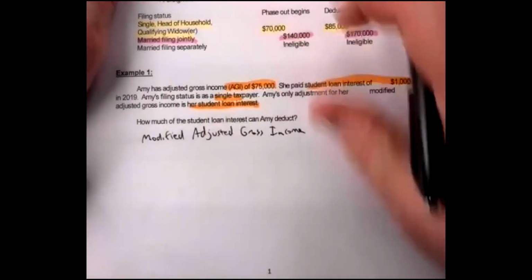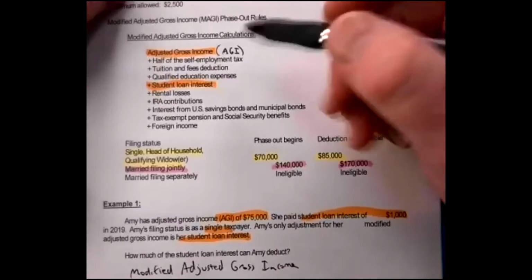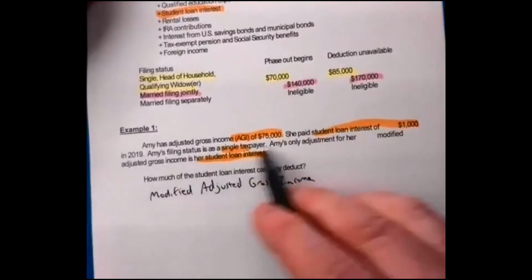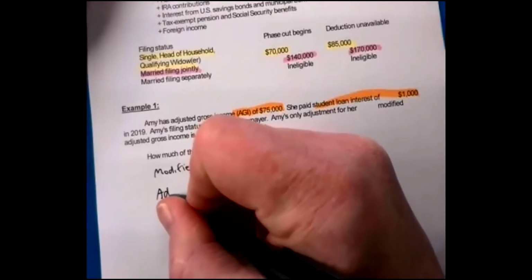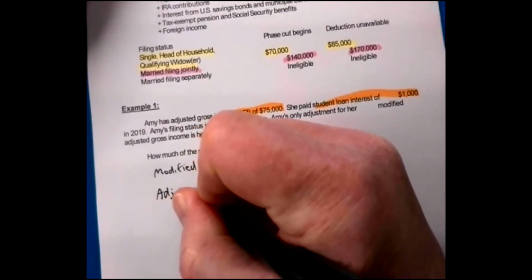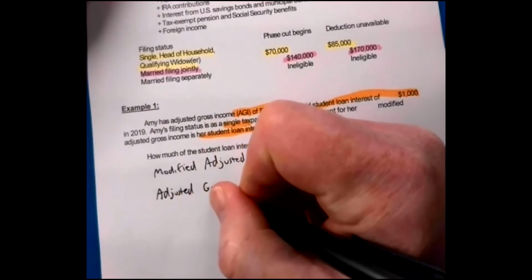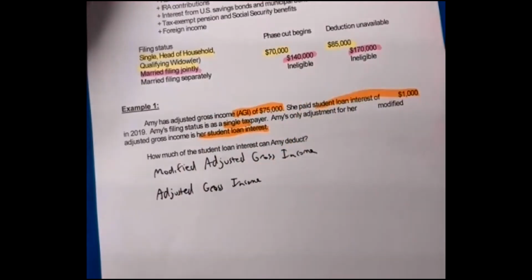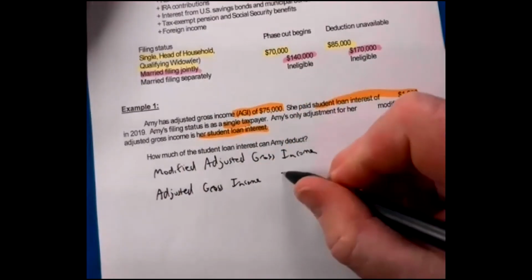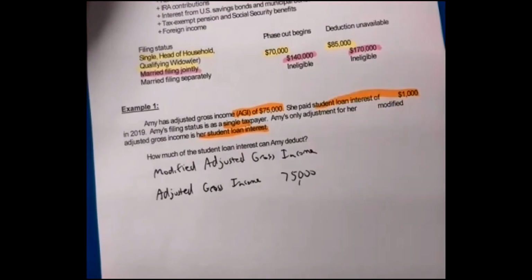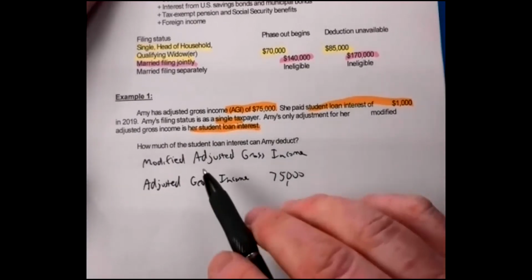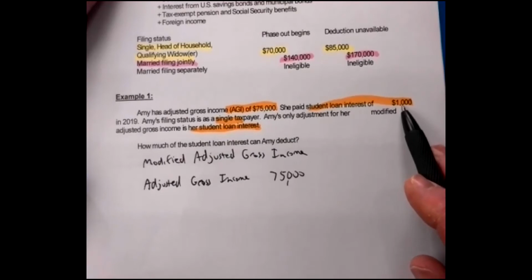We start out with her AGI, adjusted gross income, and we go to her student loan interest, which is $1,000.